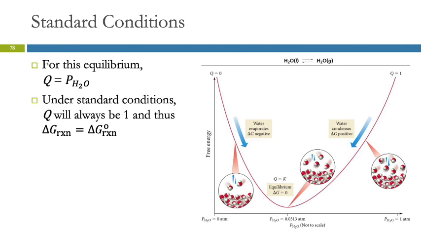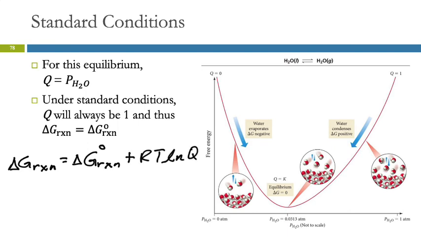When Q is equal to 1, then that equation collapses, because the natural log of 1 is 0, and so this whole term goes to 0.